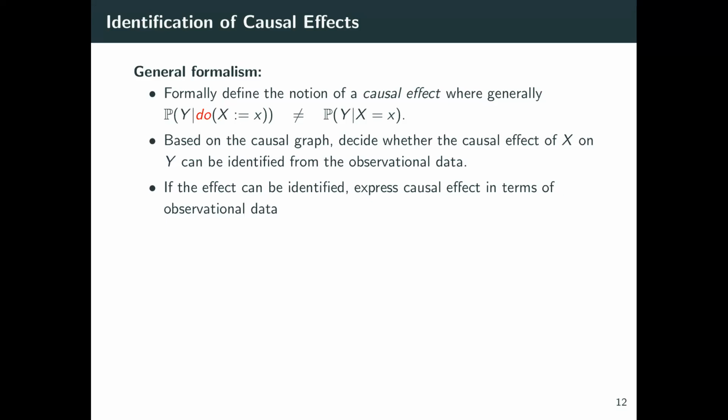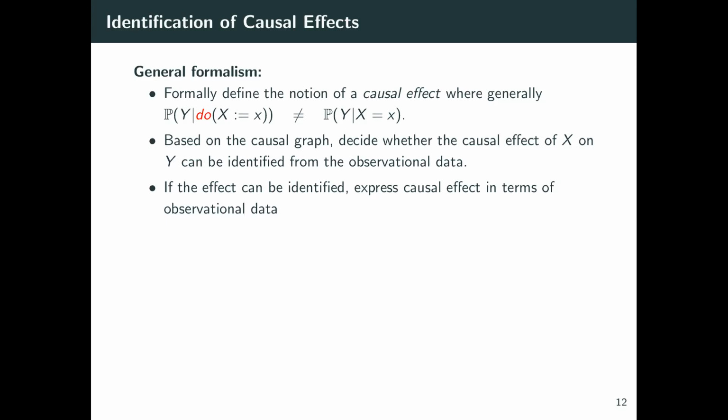And in general, this is an important notion. The introduction of this do operator here is not the same as the conditioning on the right-hand side here. So P of y do x equal small x is typically not the same as the probability of y given an observed x, which is a property of the observational distribution.